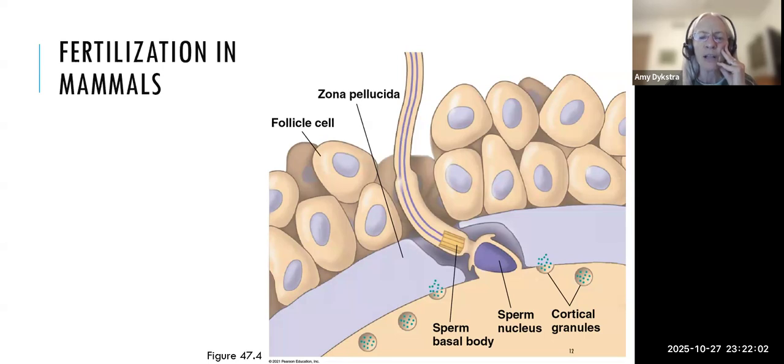And you see here that these membranes have already fused, and the sperm nucleus is about to be released into the cytoplasm of the egg. And you can also see that the cortical granules are releasing their contents, and this is going to cause the zona pellucida layer to pull up away from the egg cell membrane.